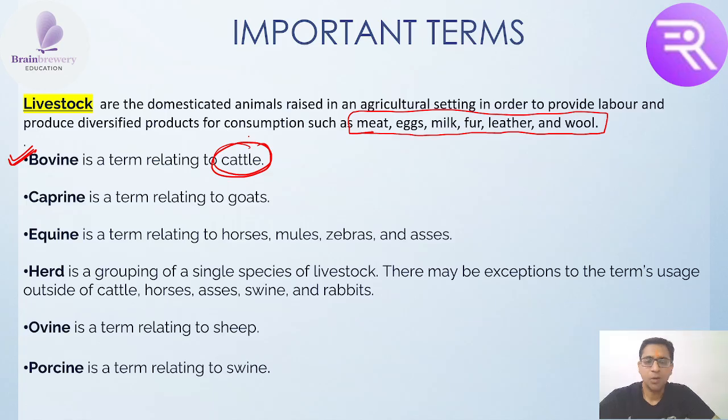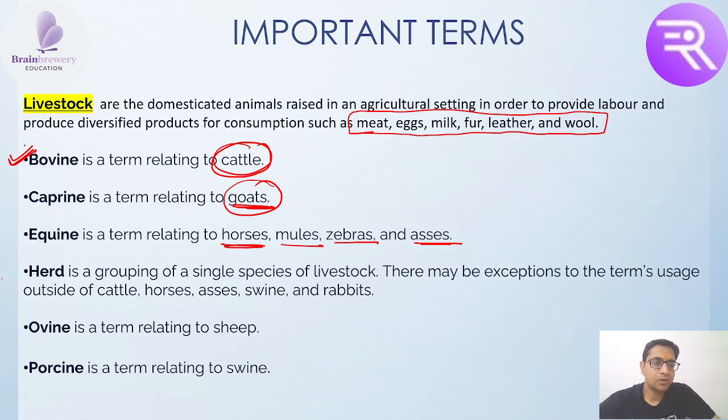So whenever we say bovine breeding plant, that means we are talking about the cattle breeding plant. Okay. Then caprine is related to goats. Okay, so if you are working in any scheme which says that we are working for the breeding of caprine, that means they are focusing on goats. Okay, then equine means related to horses, mules, zebras, and asses, right?